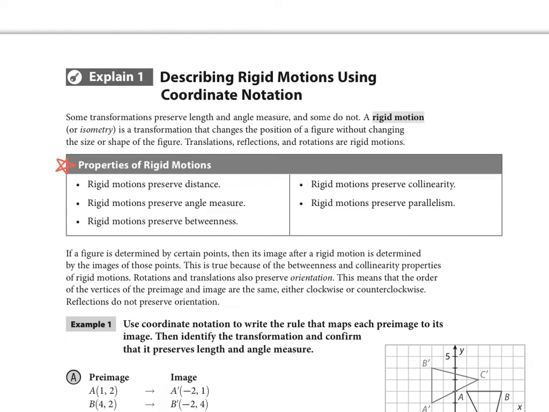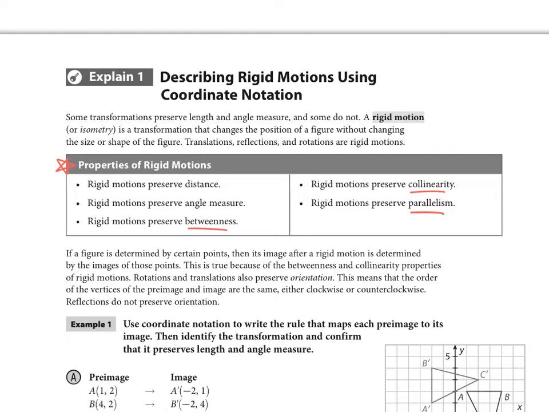It's going to keep the same measure of all the angles in the shape, among other things. We also have collinearity and parallelism. Those are the things that stay the same. So when it says preserve distance, preserve angle measure, and so on, it's staying the same.